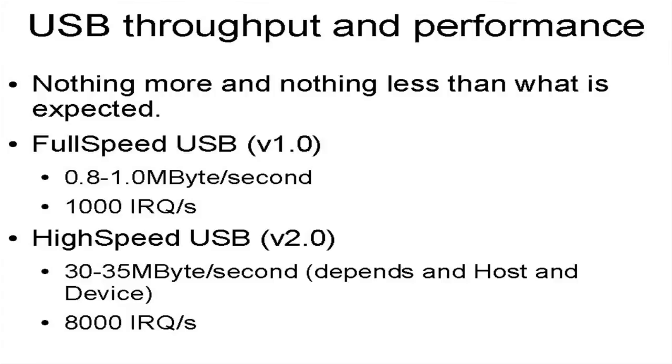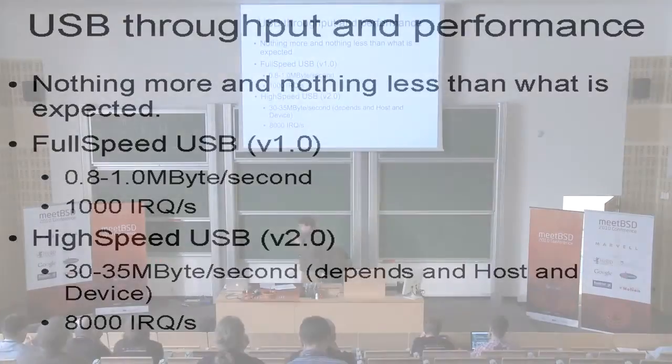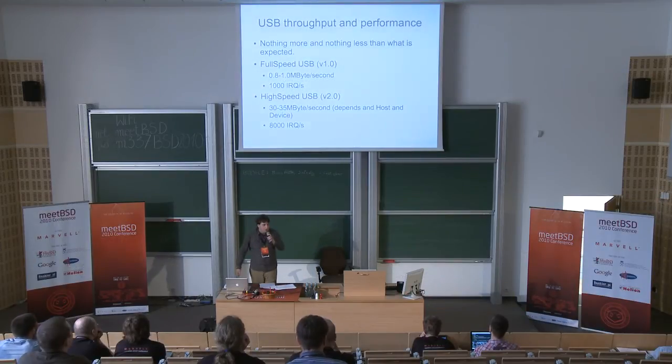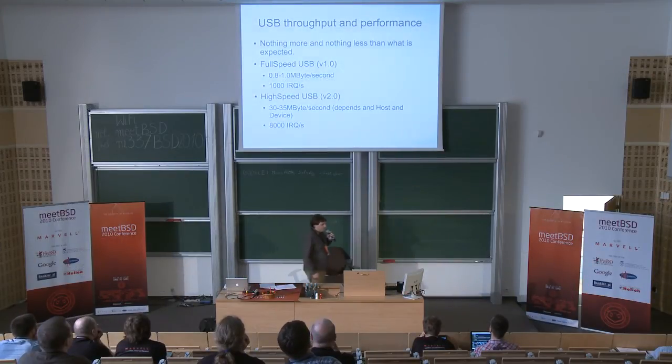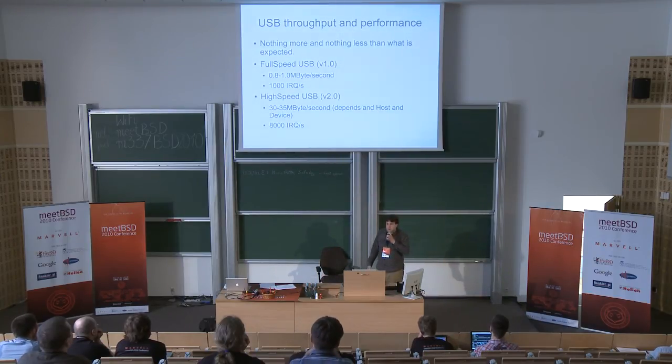USB throughput and performance. Well, nothing more and nothing less than what the others do. However, there are some limitations that you need to think about if you want to design a USB application. Typically, full-speed hardware does not have more than 1,000 interrupts per second.